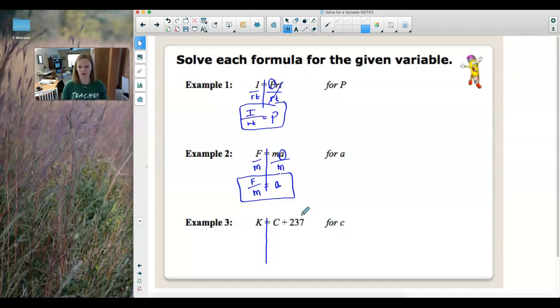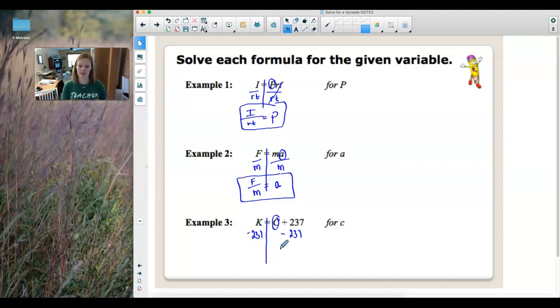Here we're going to solve for C. This is actually Kelvins and Celsius. It's temperature. We want to solve for Celsius. It says C plus 237. To get rid of the plus 237, we have to subtract 237. We do that on both sides.